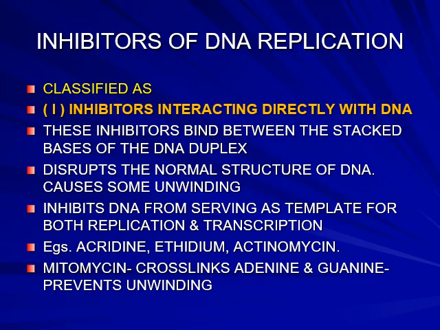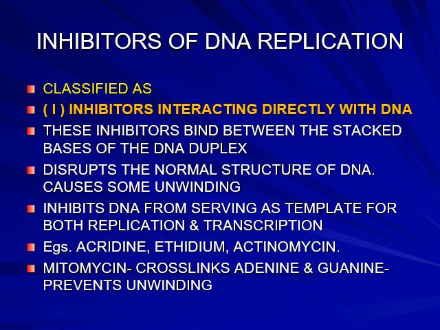Let's go on to the inhibitors of DNA replication. Now, the inhibitors are of different types. There are some inhibitors which interact directly with the DNA. That is, these inhibitors place themselves between the stacked bases of the DNA complex. So it disrupts the normal structure of DNA and causes unwinding.